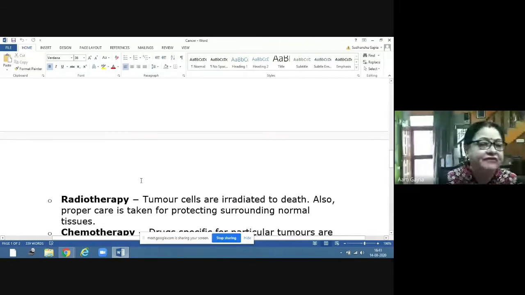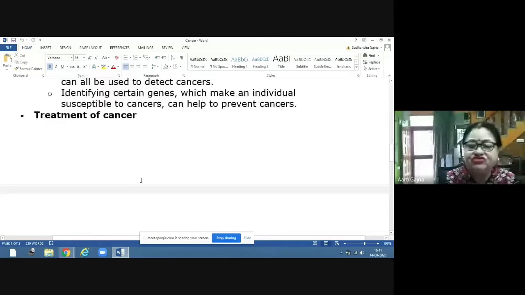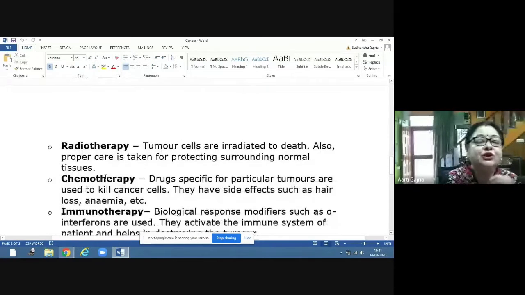Now, what are the therapies by which cancer can be treated? First is radiotherapy. In radiotherapy, the tumor cells are irradiated to death. That means we are destroying the tumor cells by giving them radiotherapy.